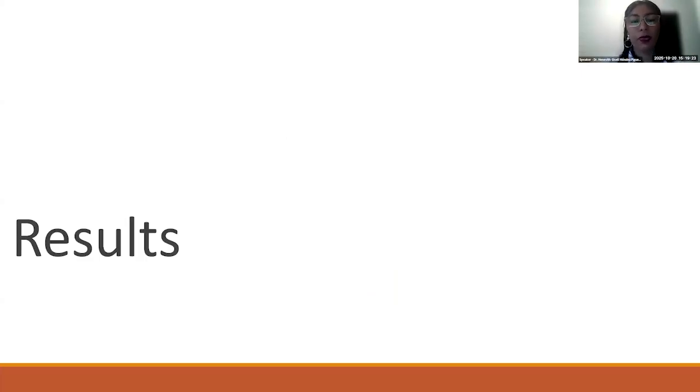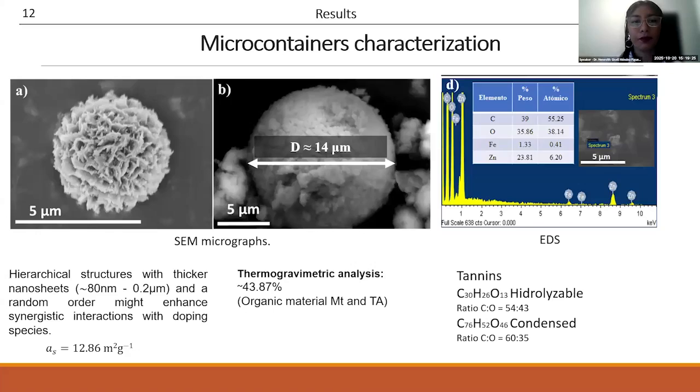All right. So in the results, as we can see in this slide, the SEM image revealed that the zinc oxide microcontainers had a hierarchical spherical structure made of nanosheets.